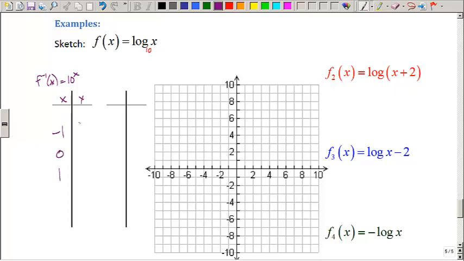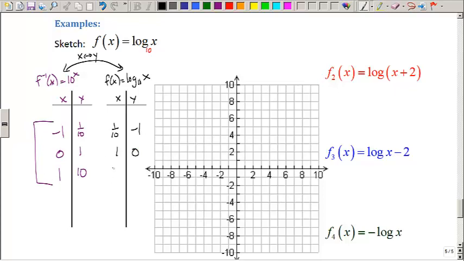When I plug in -1, I get a tenth. I plug in 0, I get 1. I plug in 1, I get 10. And I have 3 key points for this exponential function. But remember, that's not what I'm trying to graph here. What I would like to graph is the actual function log base 10 of x. Well, if I know these two are inverses, and I know inverses behave where the x and the y are interchanged, or they switch, my new points are going to be (1/10, -1), (1, 0), and (10, 1).